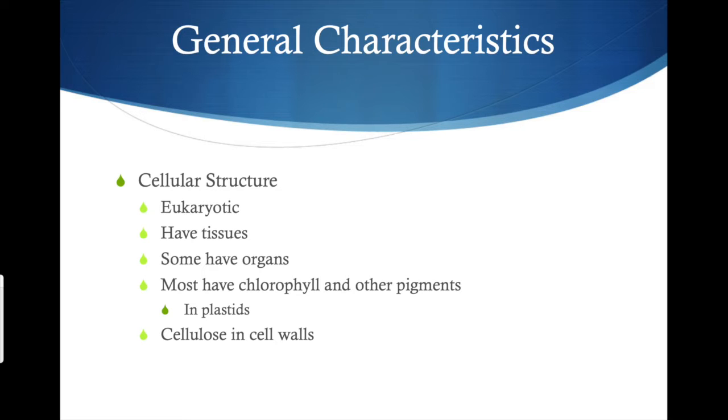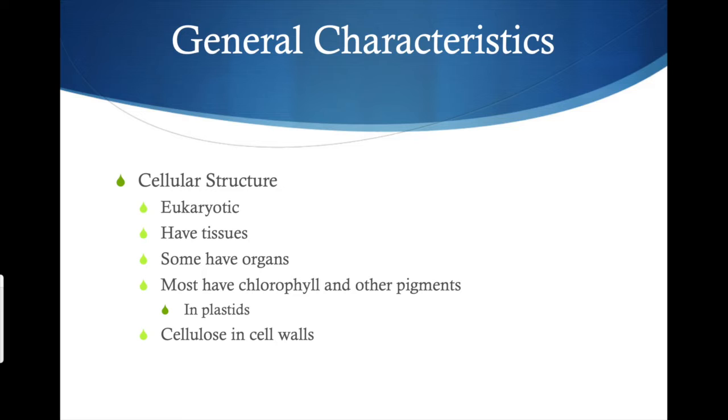So first of all, cellular structure. Plants are eukaryotic, okay, meaning that they have a membrane-bound nucleus and organelles, all right? Different from prokaryotic. Prokaryotic is organisms that have no membrane-bound nucleus, no membrane-bound organelles, okay, so their DNA material is just floating throughout the cell.